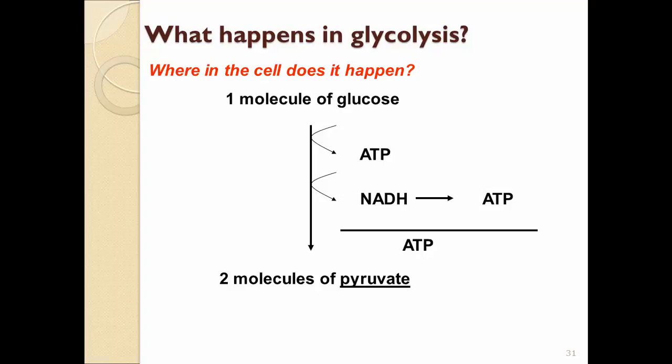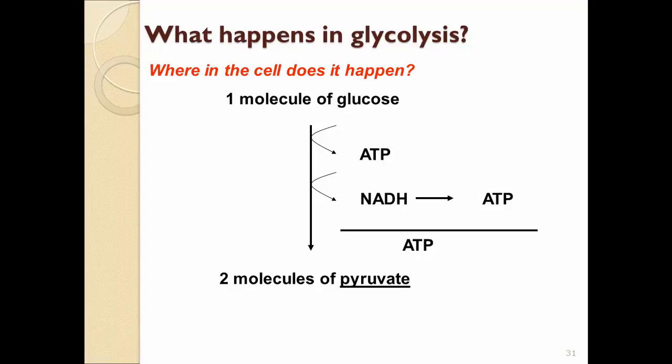Okay, much better. So now let's do some calculations. First question: where in the cell does glycolysis happen? Cytosol, right? And how many ATPs can be made from one molecule of glucose?